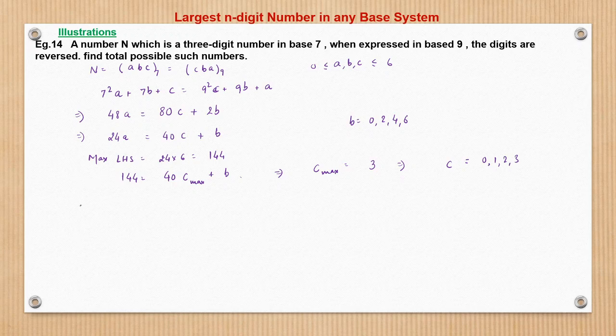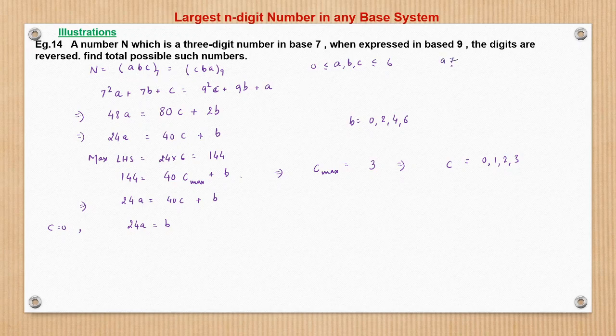So we'll get back to our original equation wherein it says 24A is nothing but 40C plus B. So now if say C is 0, it becomes 24A is equal to B. So here even if A is 0, B is 0, but A cannot be 0, right?